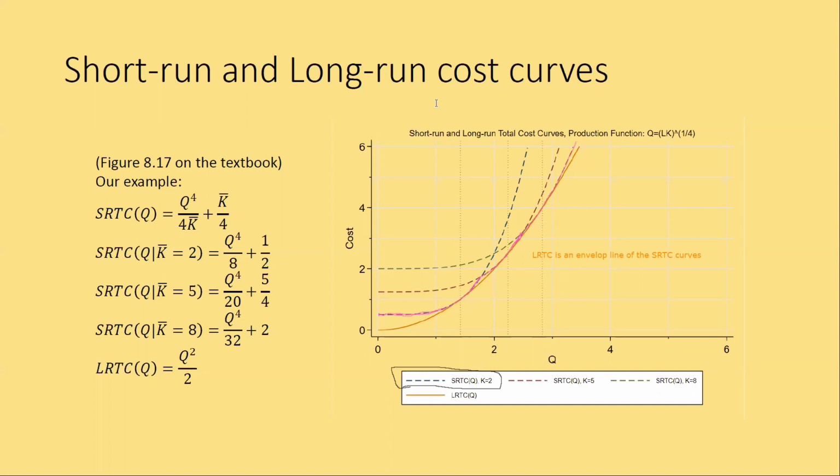And let's focus on a point here. For example, this is probably where we have the most obvious difference between our pink line and our orange solid line. And you can imagine that there is another short-run total cost curve that I didn't draw, which might look something like this.